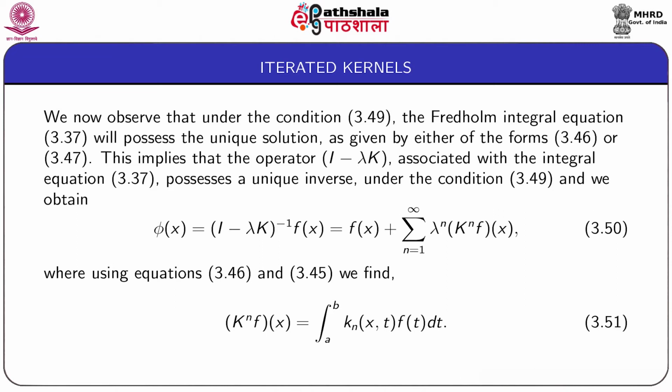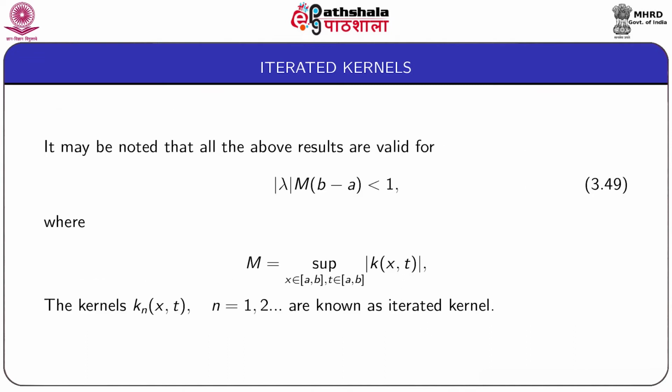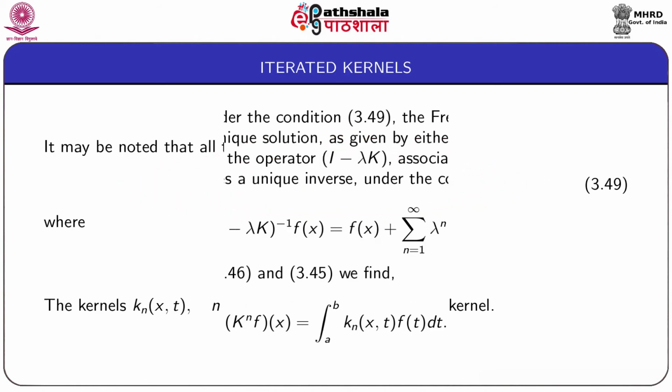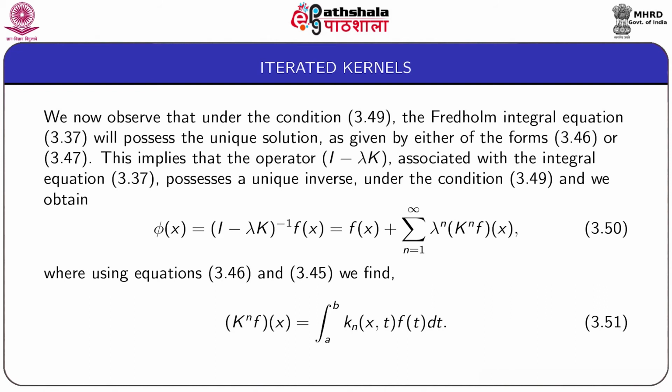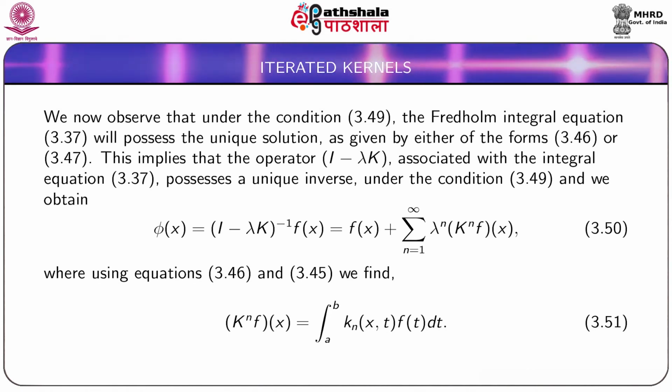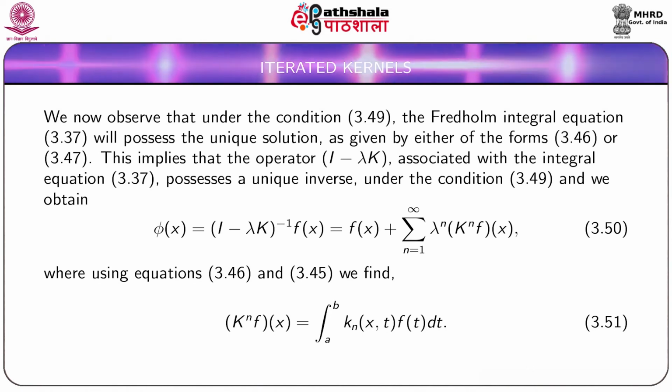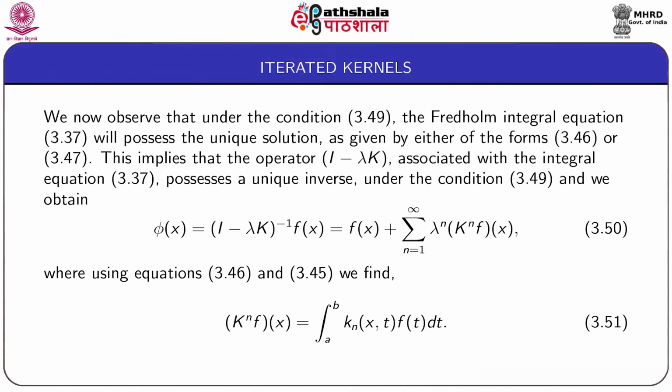We now observe that under the condition 3.49, that is the condition on lambda, mod lambda into M into b minus a less than 1, the Fredholm integral equation 3.37 will possess a unique solution as given by either of the forms 3.46 or 3.47.